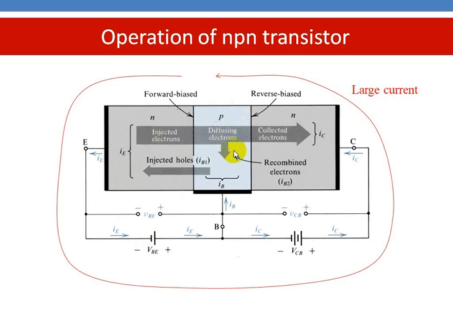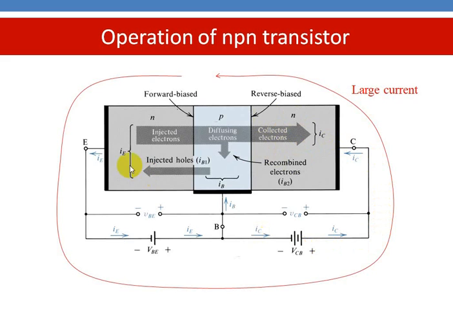So the electrons are pushed into this P region. Some electrons will combine with holes, and that constitutes base current. The remaining electrons will be pushed into the collector N region, and these electrons will be attracted towards the positive terminal of the source.